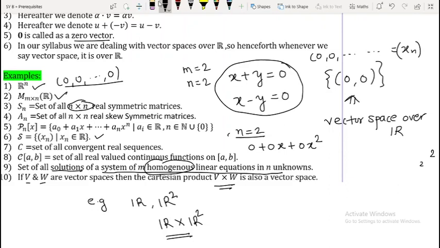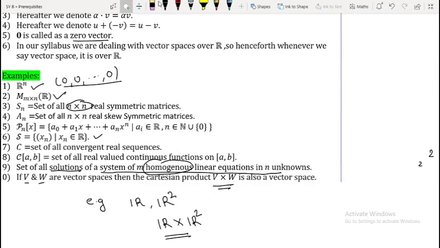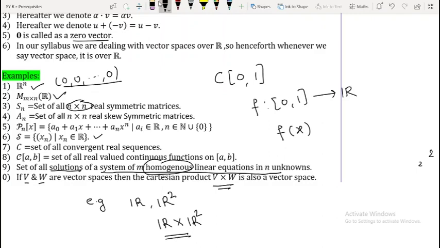0 function means what? Suppose our vector space is the set of all continuous functions on the closed interval 0 to 1. Then our 0 vector is going to be the 0 function, f of x is equal to 0, meaning all elements will be mapped to 0.